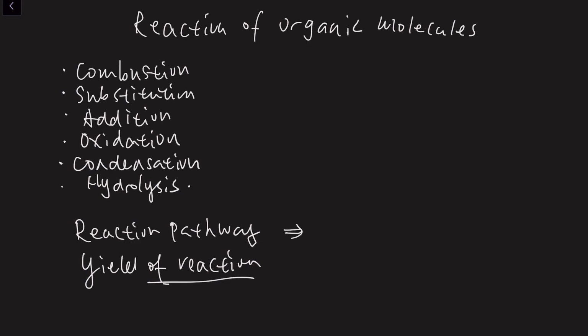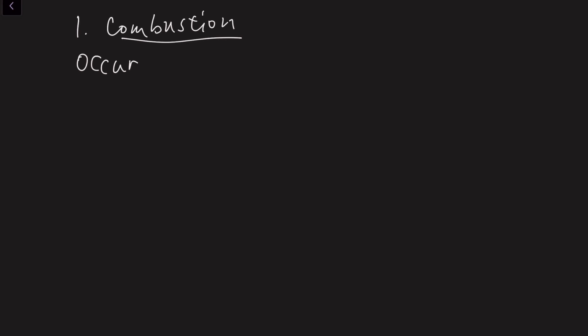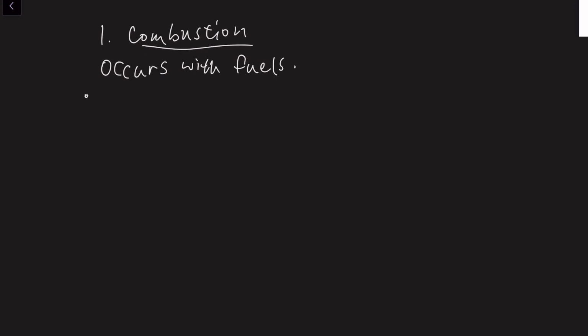So the first type of reaction that we should already be very familiar with, since we have already talked about this extensively in the first few videos of this playlist, is the combustion reaction. So it occurs with fuels. And since we are talking about organic chemistry, we only focus on organic fuels, those that contain carbon and hydrogens.